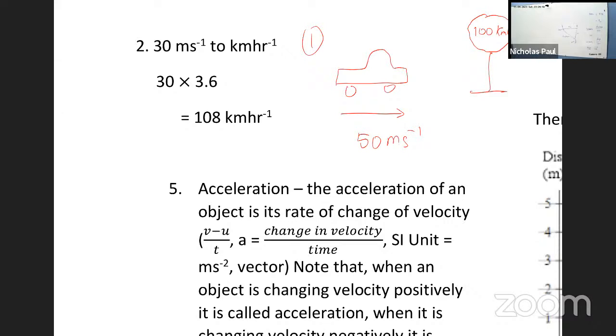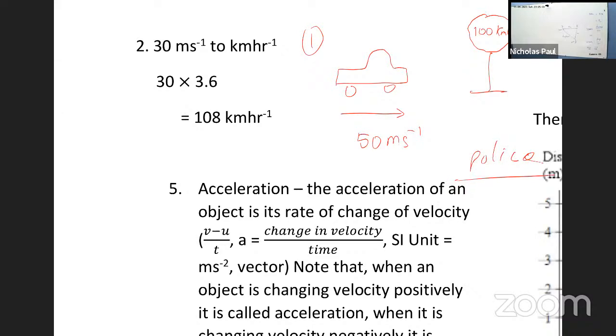Right? So there's this question with a car, and the car is moving with a speed of 50 meters per second. But the speed limit is 100 kilometers per hour. What will happen to that person? There's a police officer right outside. What will happen? Ticket or no ticket?